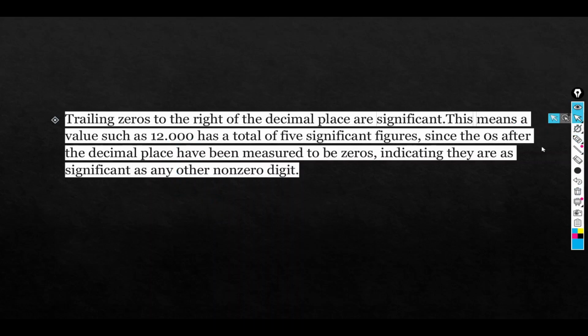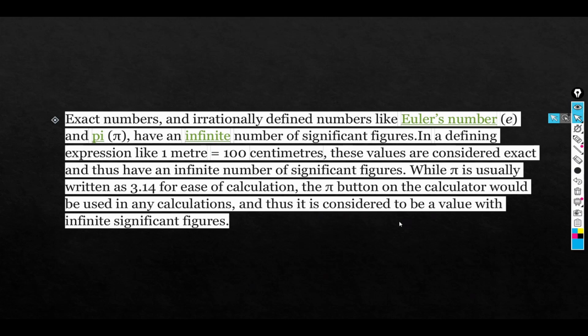Now move on to the next rule. Exact numbers, like exact numbers and irrationally defined numbers like Euler's number or pi, will have an infinite number of significant figures. Remember this thing.